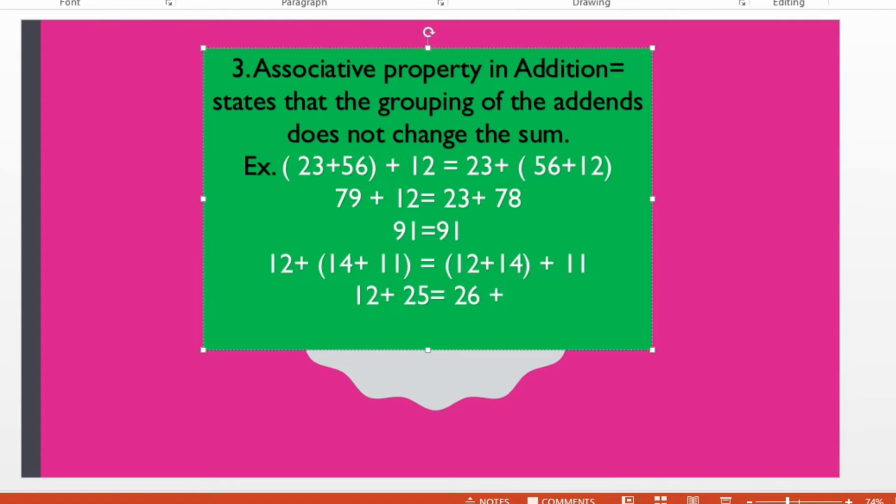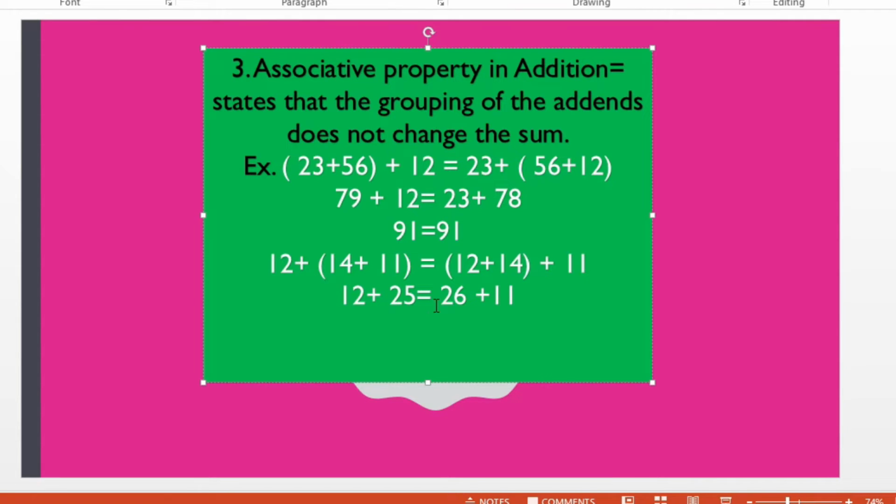Bring down 11. Then add 12 plus 25, the answer is 37. So, let us check 26 plus 11, the answer is 37. So the answer is the same. So again, associative property in addition states that the grouping of the addends does not change the sum.